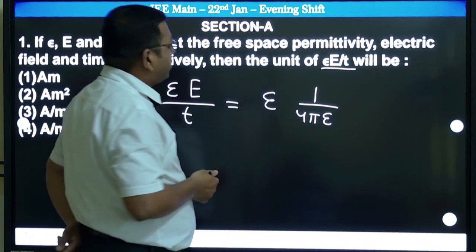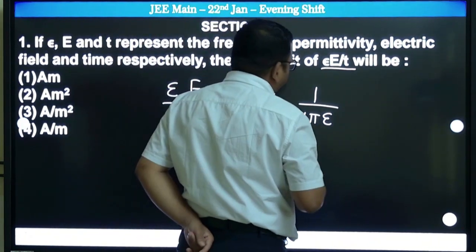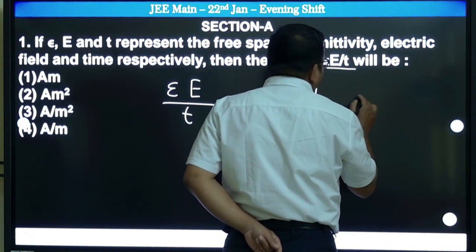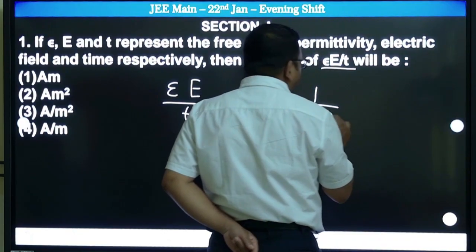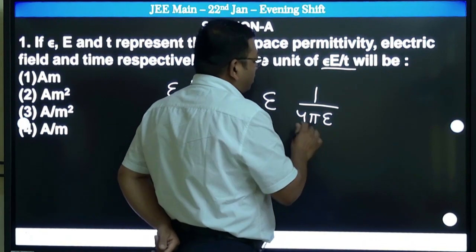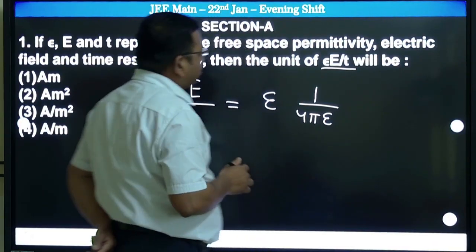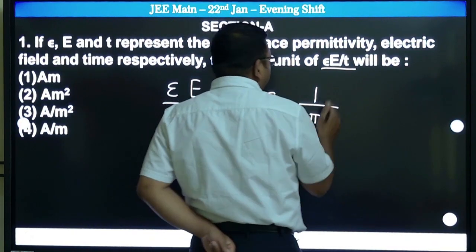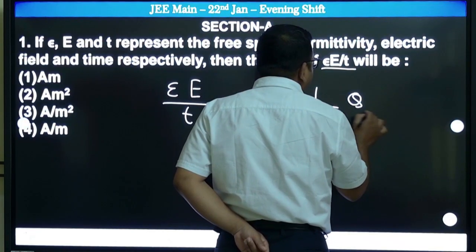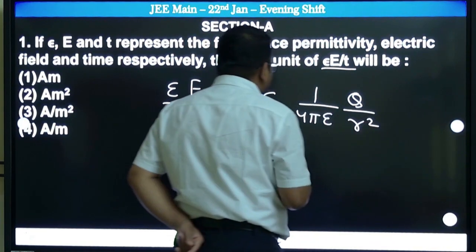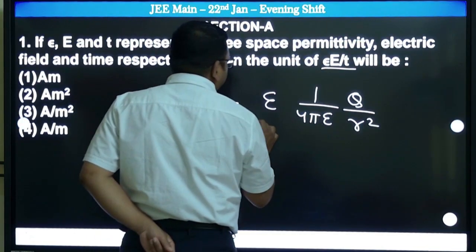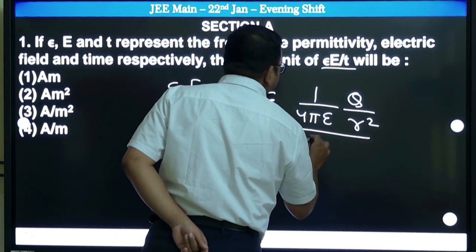For some medium, if you're taking 1 by 4 pi epsilon, q1 q2, right? Epsilon here, that means this is some medium you are writing electric field, and electric field is kq by r square basically. So kq by r square divided by t, divided by time.